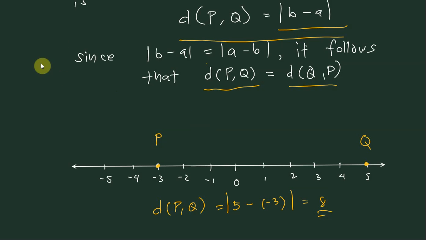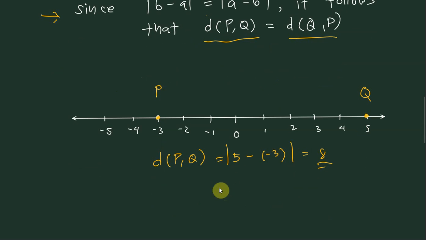Since B minus A is equal to A minus B, let's check it out. B minus A is equal to 8, right? What about A minus B? A is negative 3, so negative 3 minus 5. We have the absolute value of negative 8.